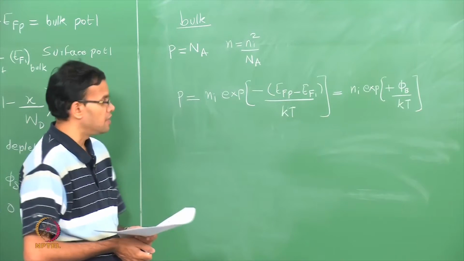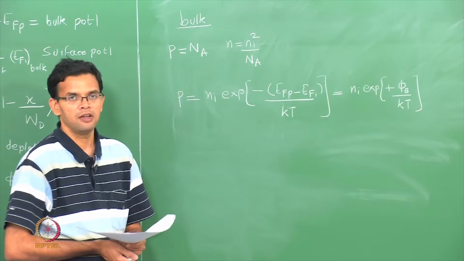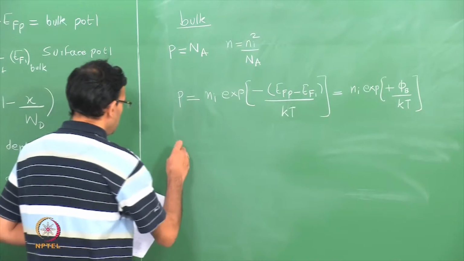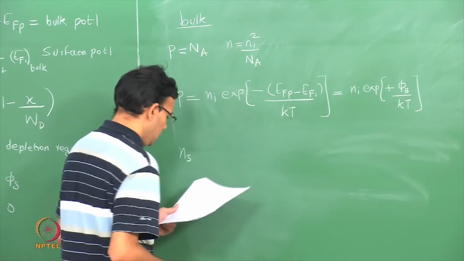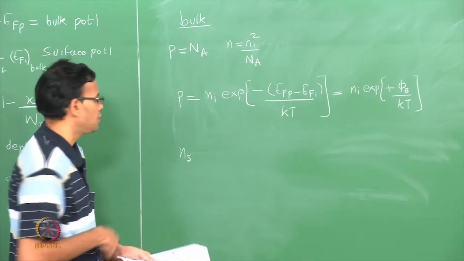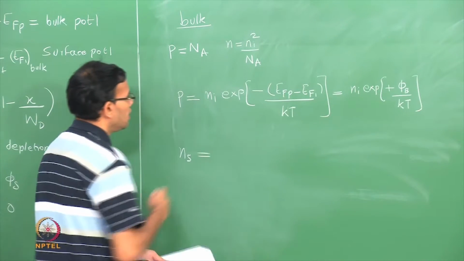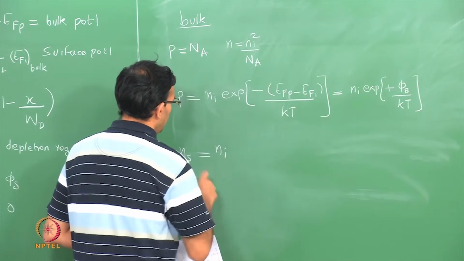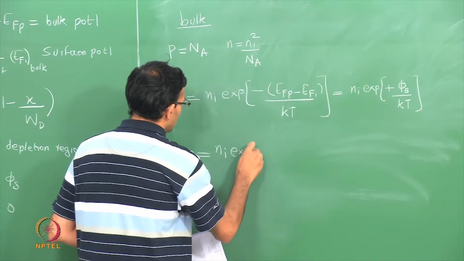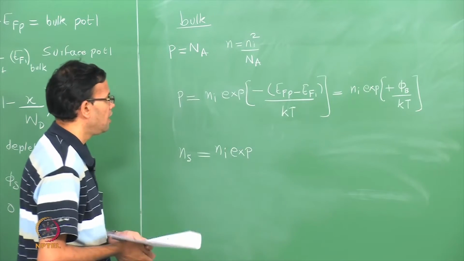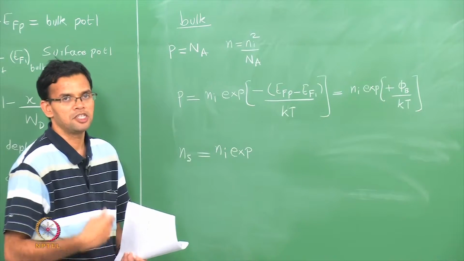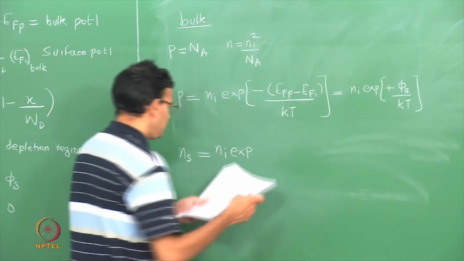Same way, at the surface we can also define a concentration of electrons and holes. So if you were to do that, Ns is the concentration of electrons at the surface. It is again related to the position of the Fermi level. So Ni exponential, and this we can simplify to include the surface potential and the bulk potential.